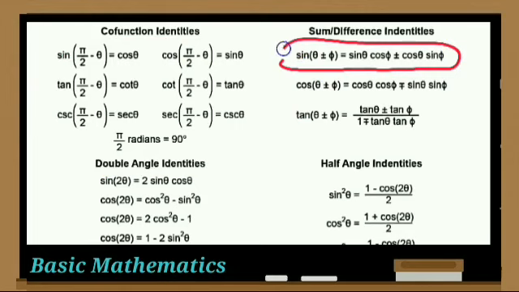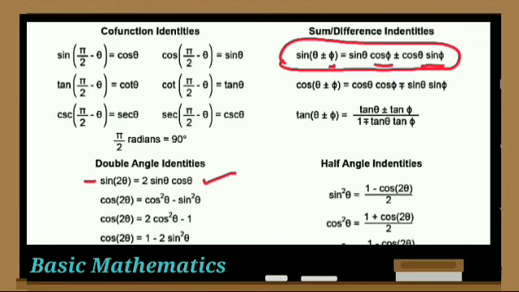How? If we put the angle phi equals theta, then it will become sin 2 theta. If we put theta in the place of phi in the term sin theta cos phi, then it will become 2 sin theta cos theta, as you can see in this term.